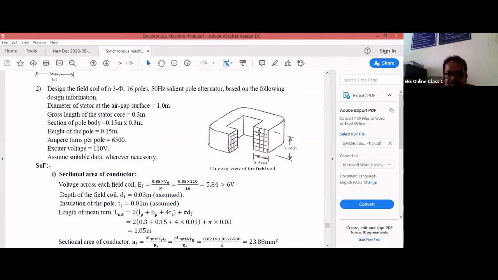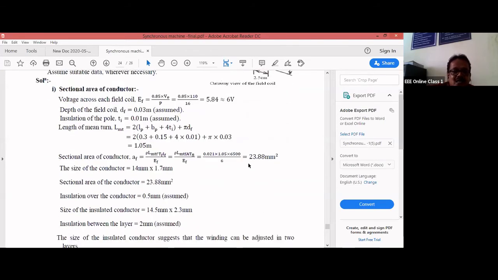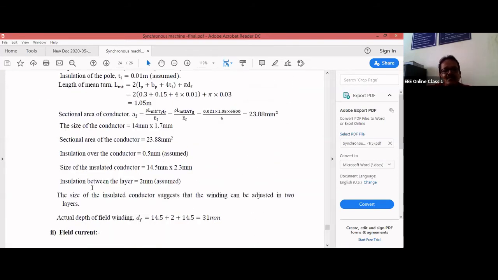So after each layer we'll have some insulation, similar to paper or something else. It will be almost paper insulation after each layer. After each layer, the insulation between the layers is assumed to be 2 mm.